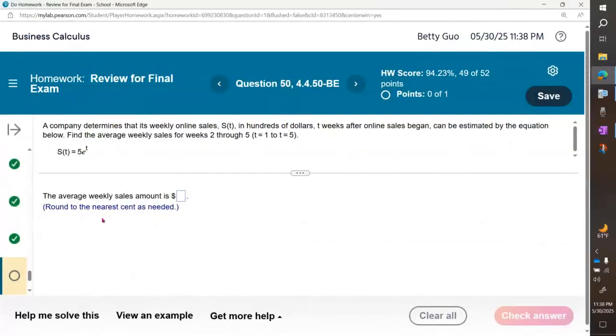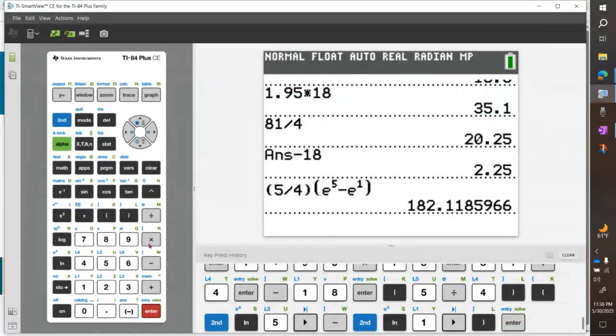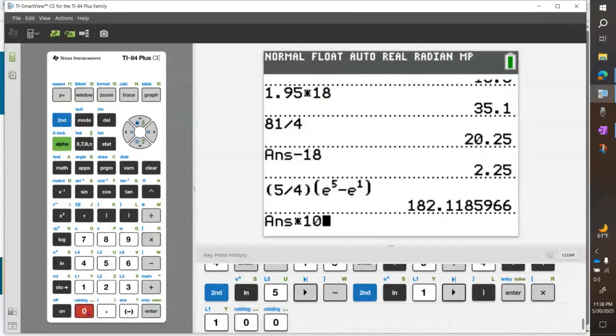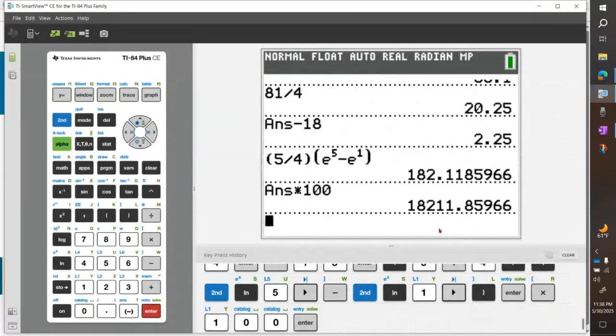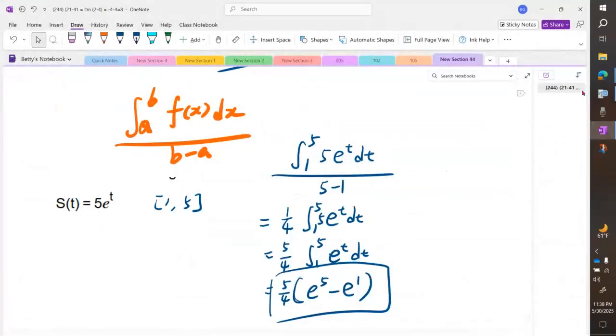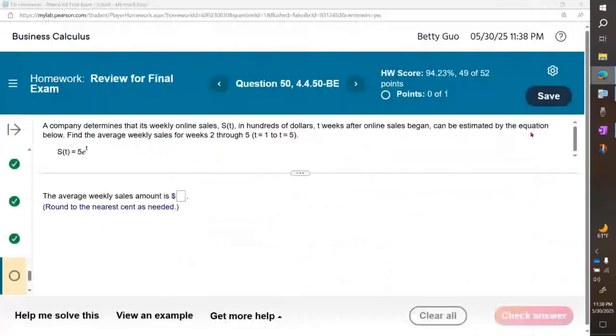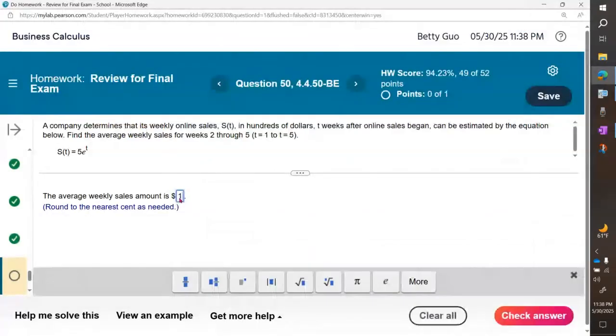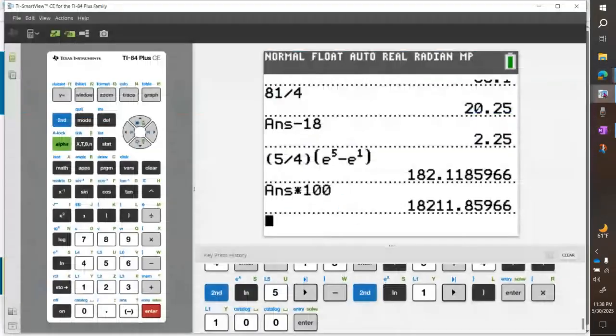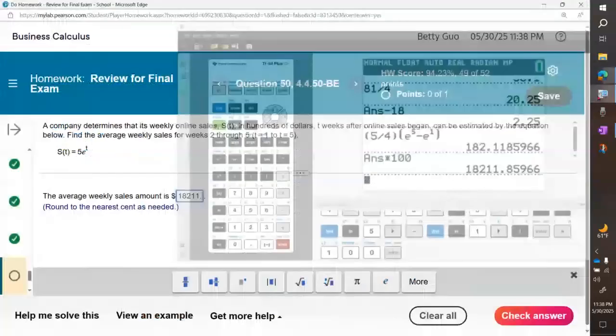How many dollars? So we're going to multiply by 100. And then round it to the nearest cent. 86. Okay, see right here. 86.